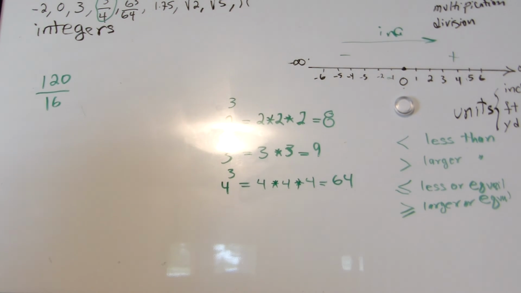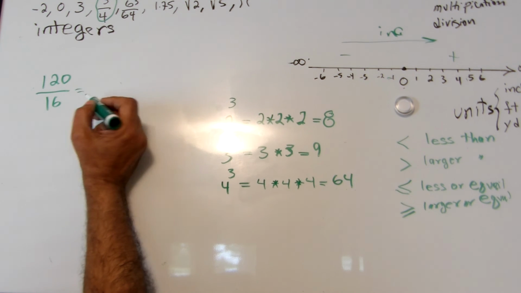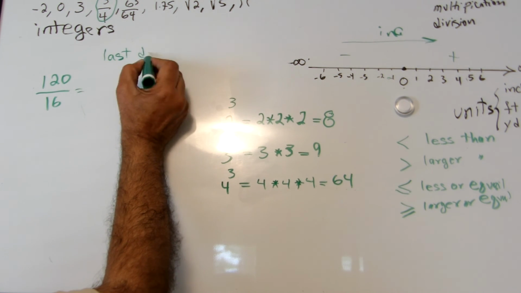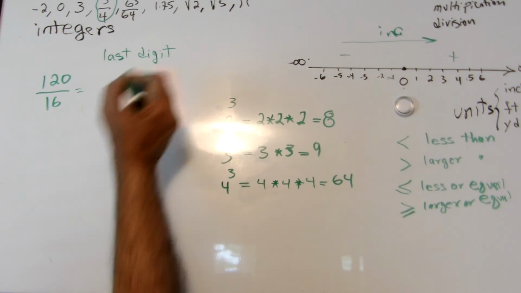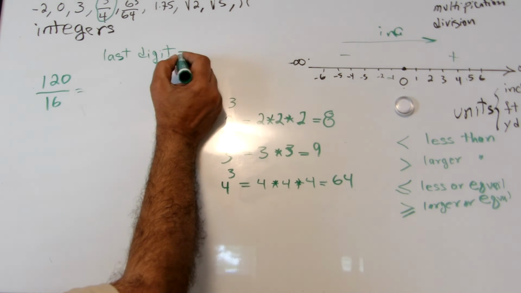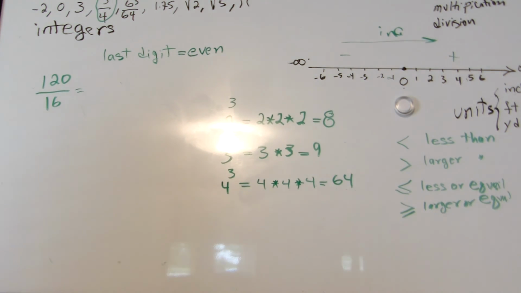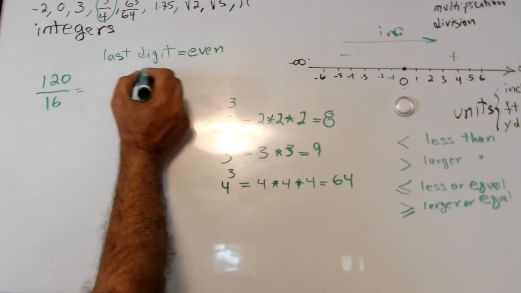Yes. How do we know that these are divisible by 2? See, all those numbers, the last digit is even or ends with 0. The last digit is 0.